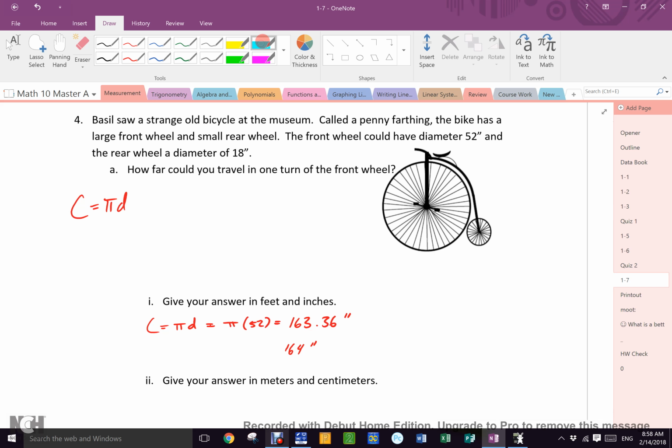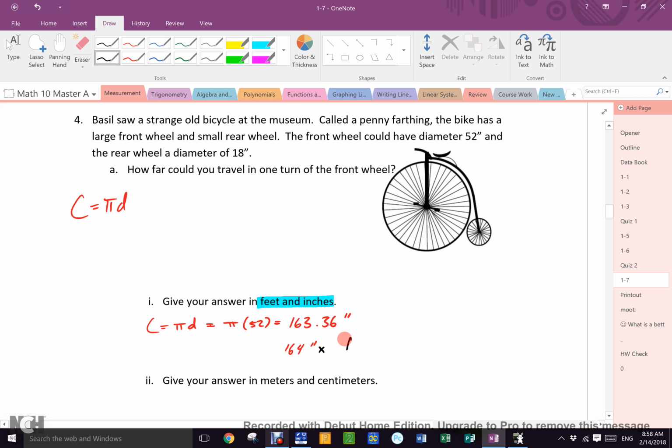Now I want the answer in feet and inches. So what do I do with that 164 to get it to feet? What do I multiply it by? What do I want? It's only highlighted. Don't all answer at once.